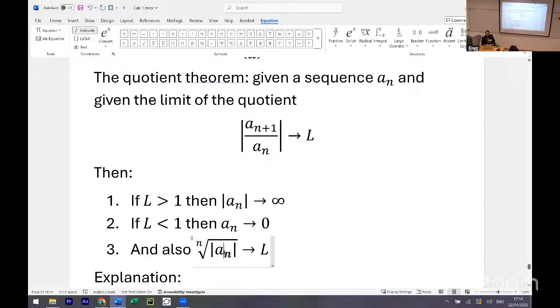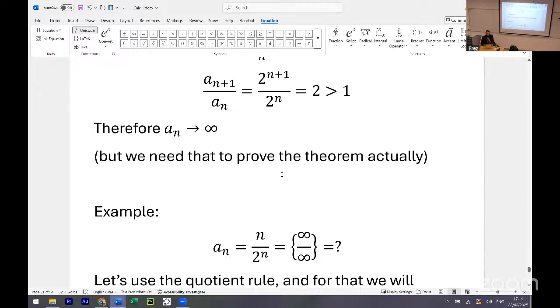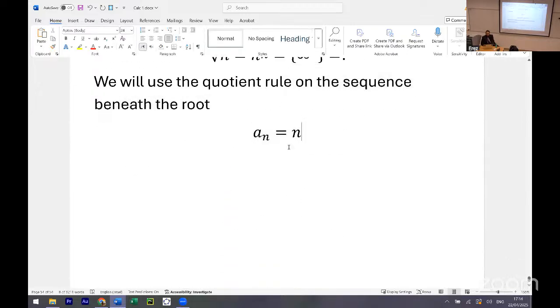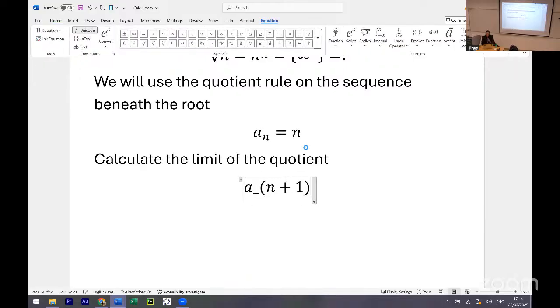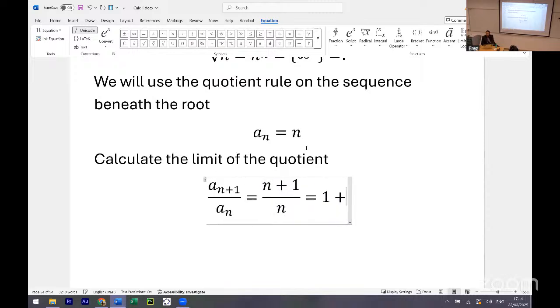And again, I don't need absolute value because it's positive. So let's calculate the limit of the quotient an plus 1 over an, which equals simply n plus 1 over n, which is 1 plus 1 over n, and which goes to 1.